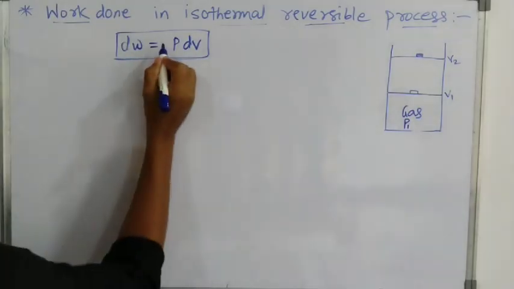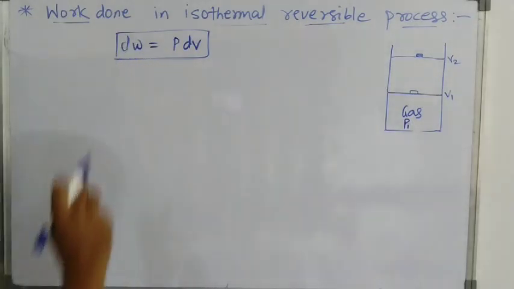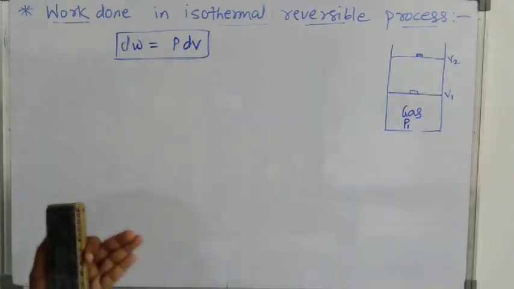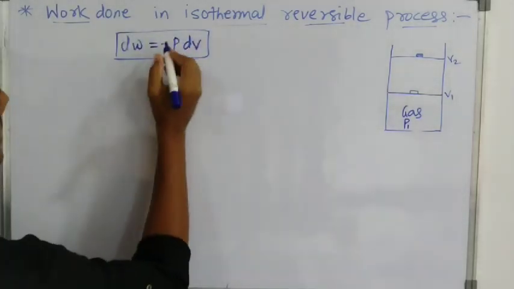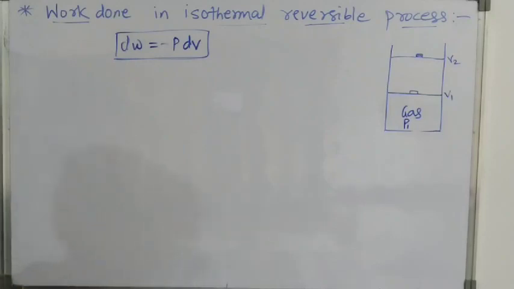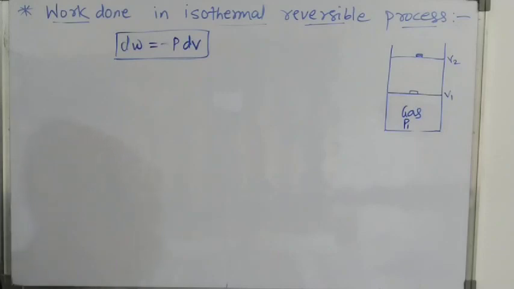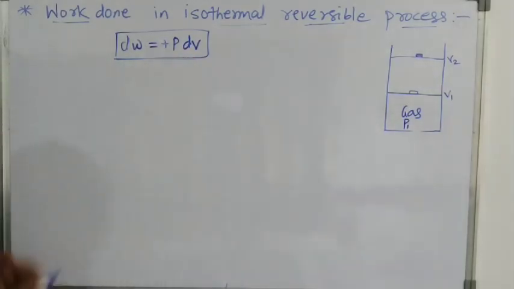I have not written the sign here because if the work is done as a result of expansion of the gas, that means work is done by the system and that is always taken as negative. And if the work is obtained as a result of compression of the gas, that indicates the work is done on the system and that is always taken as positive. So during expansion work is negative, during compression work is positive.